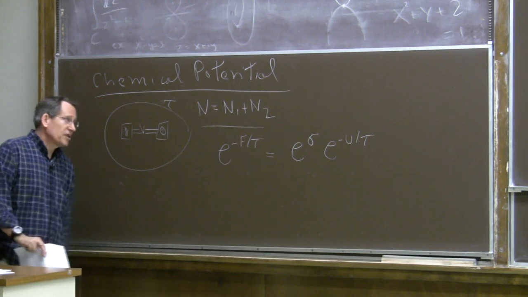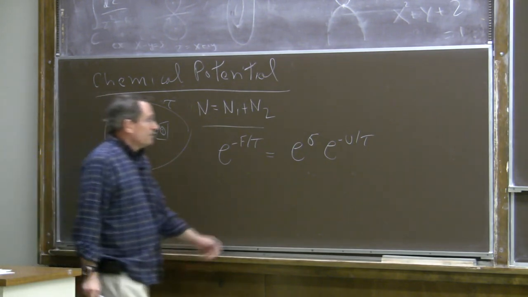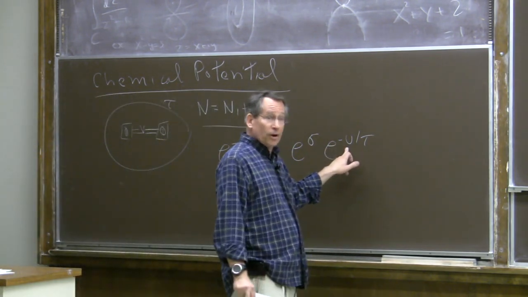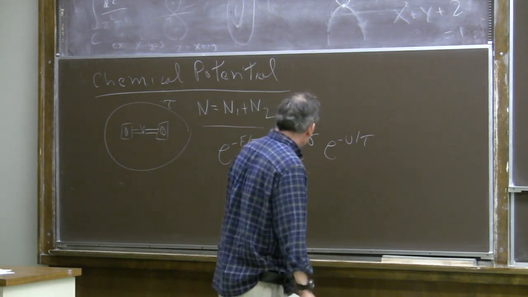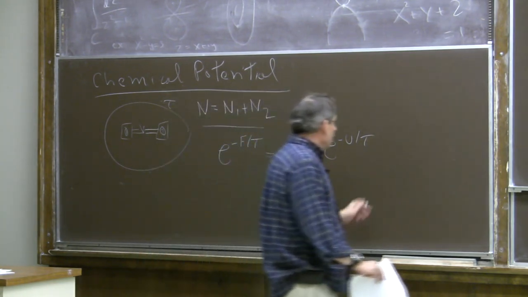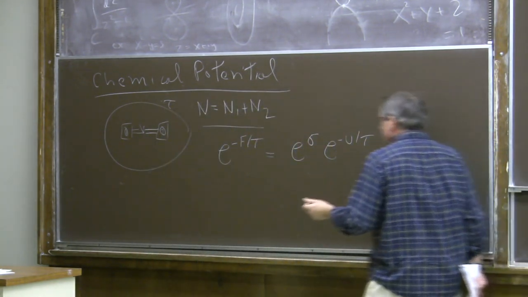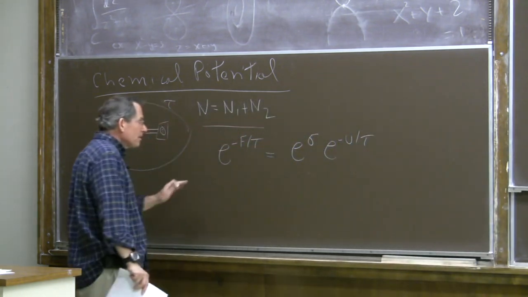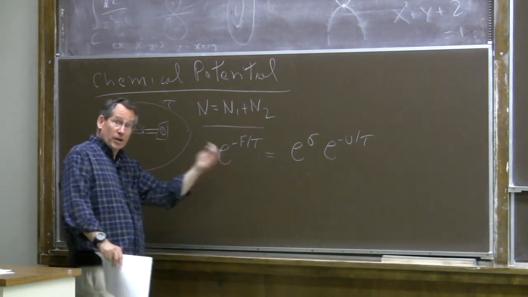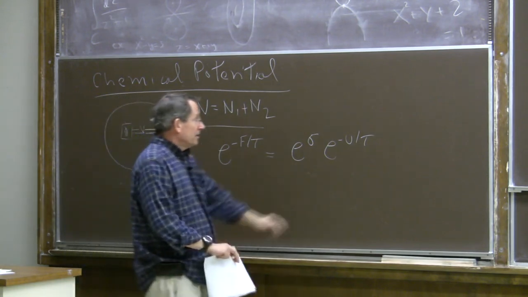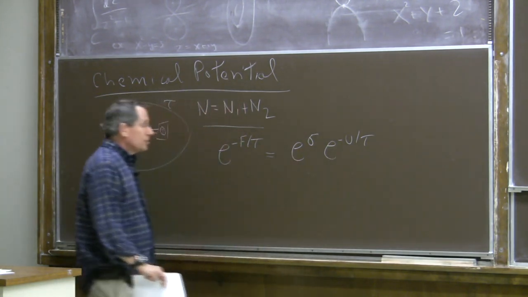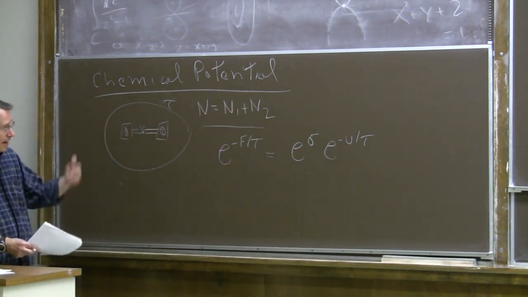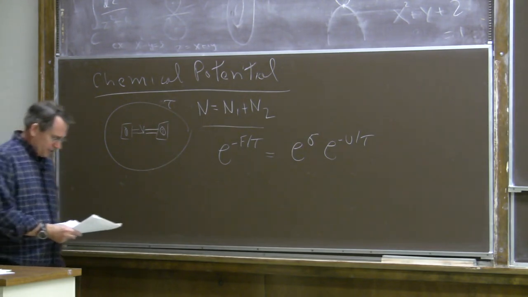If the system borrows energy u, then it reduces the reservoir's degeneracy by this amount. This is the degeneracy of the system. And so at temperature tau, the free energy will be minimized when the energy that the reservoir loans to the system maximizes the probability of the configuration.